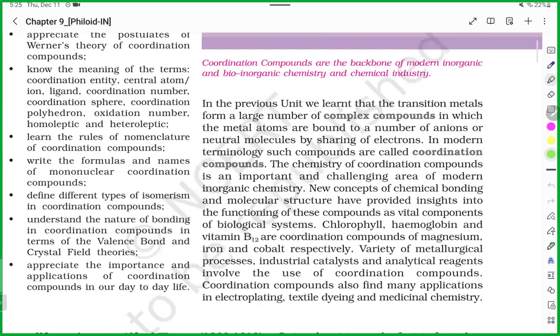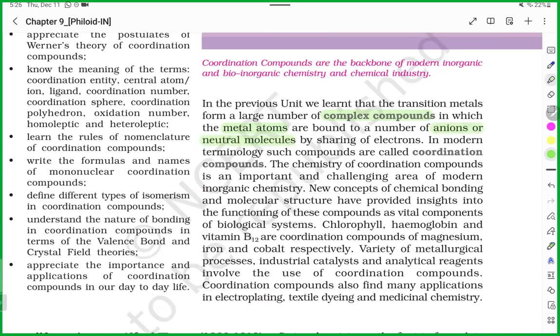Yes, sir. So when we talk about the coordination compound or complex compound, the metal atom will be linked with the ligands, and a ligand could be an anion or a neutral molecule, correct?